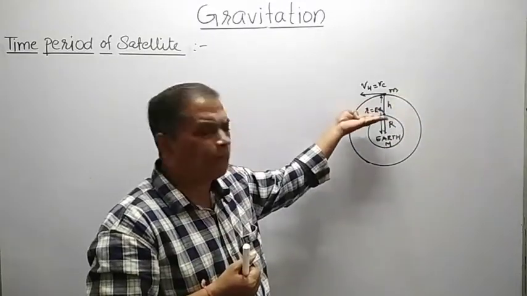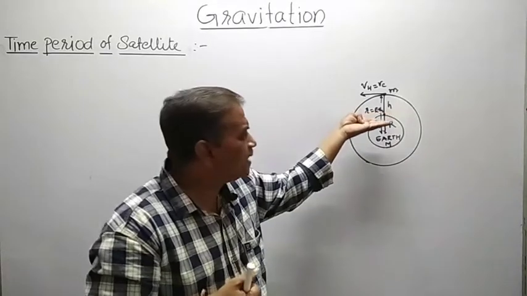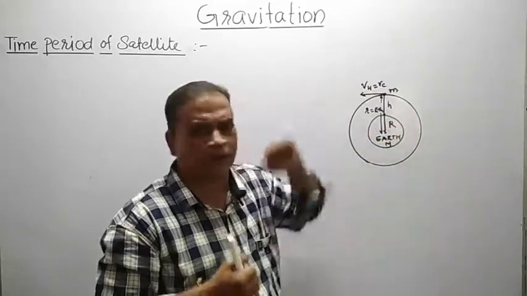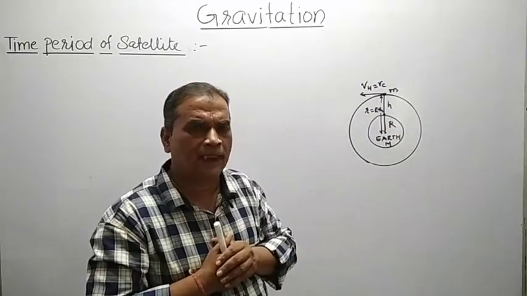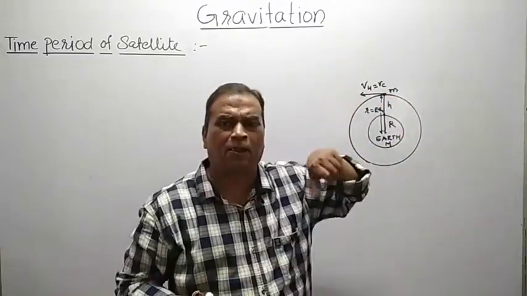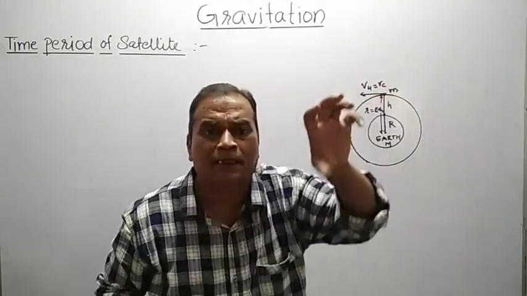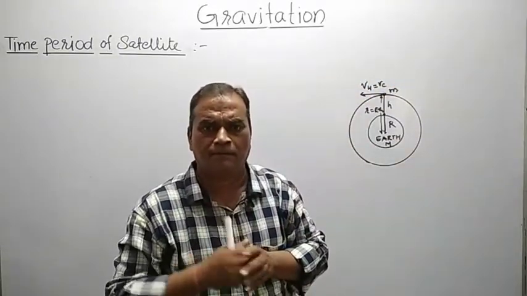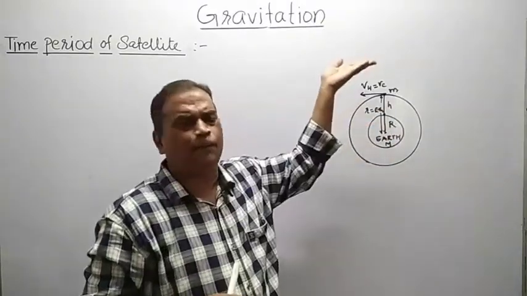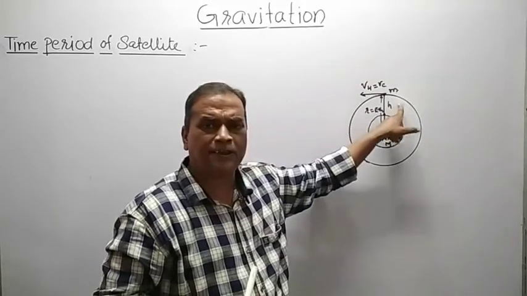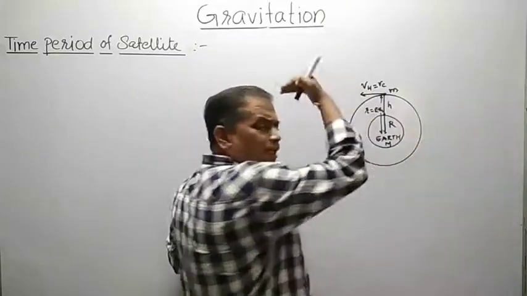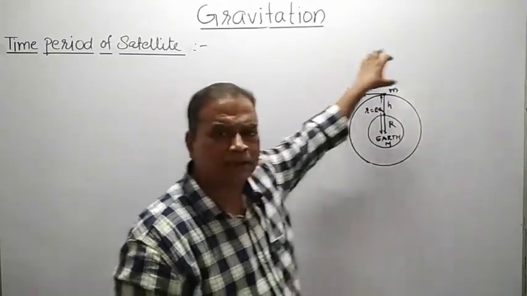First, that satellite of mass m is projected vertically upward to a height h above the surface of Earth, and then that satellite is given a horizontal velocity of projection equal to its critical velocity.